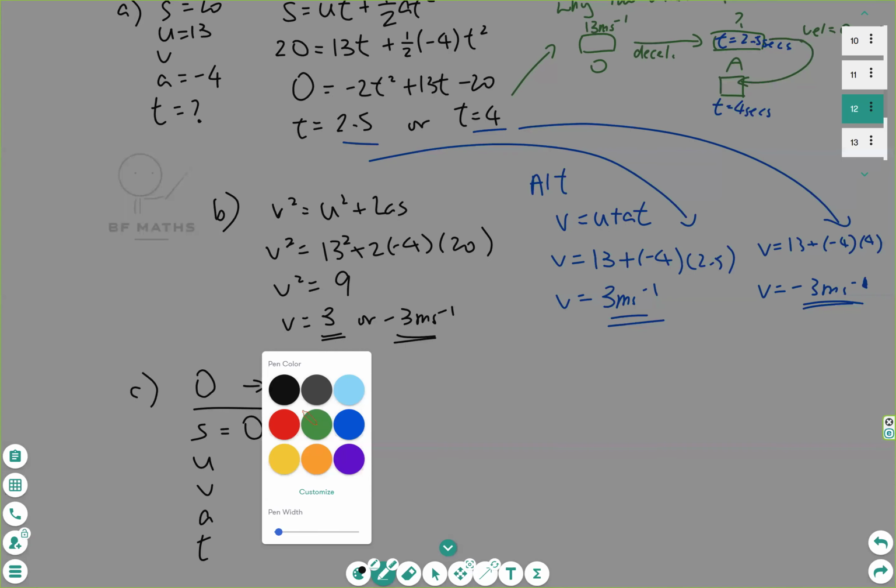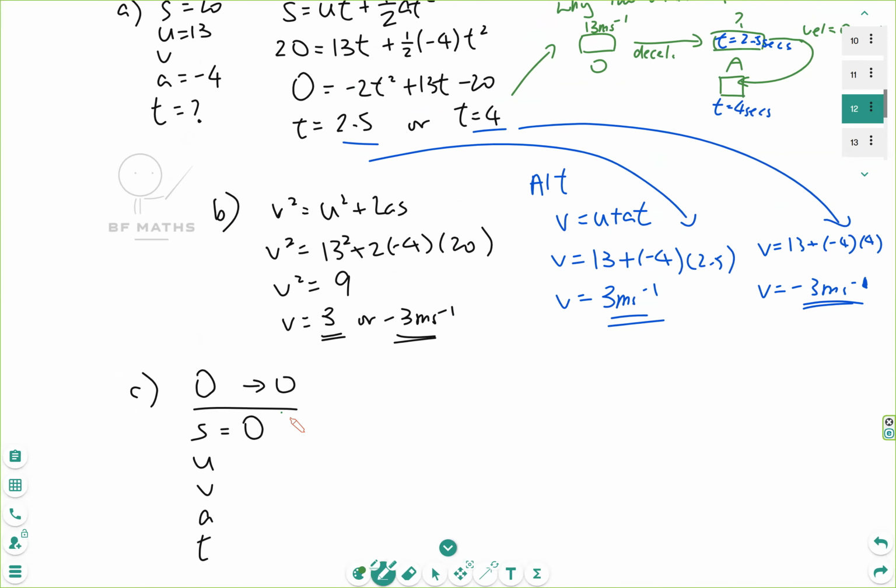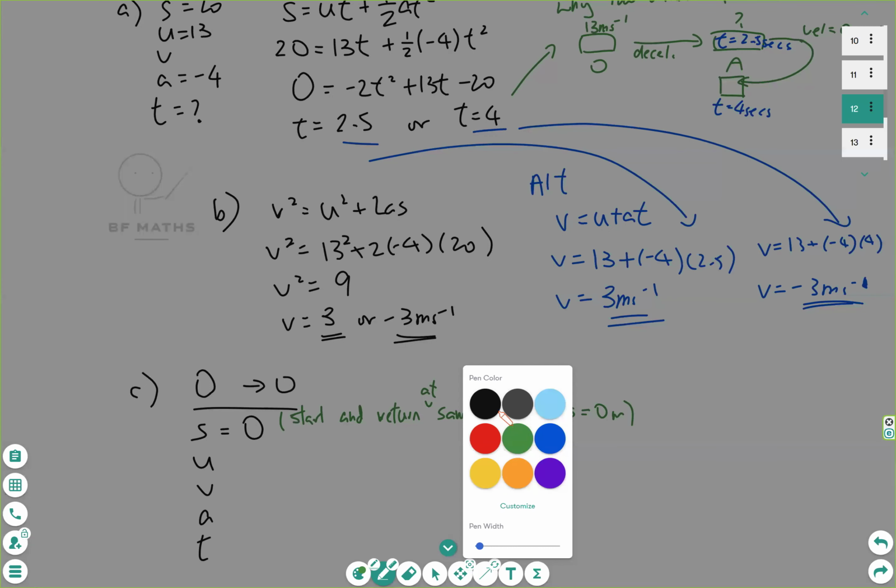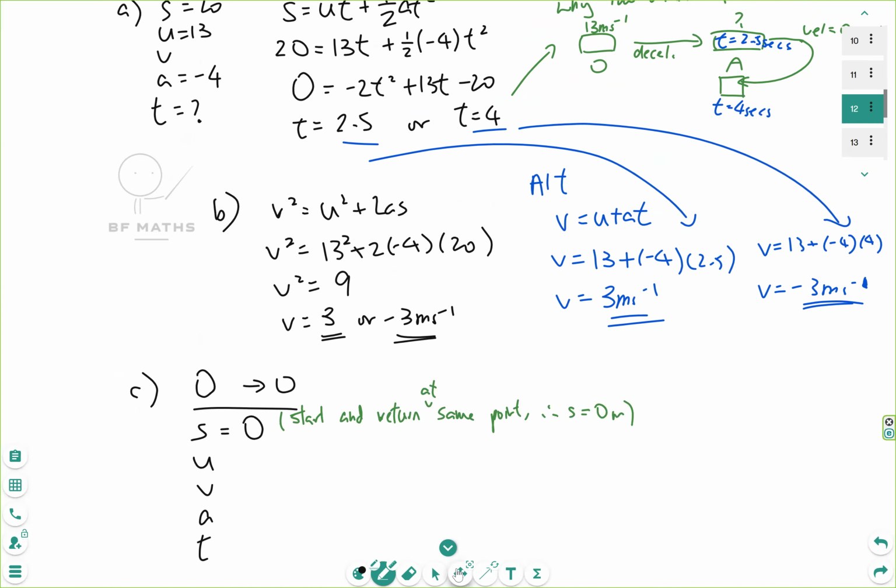You want to make notes for yourself: start and return, same point, therefore displacement is 0 meters. These are little notes for you to remember it. In the exam, hopefully you remember.